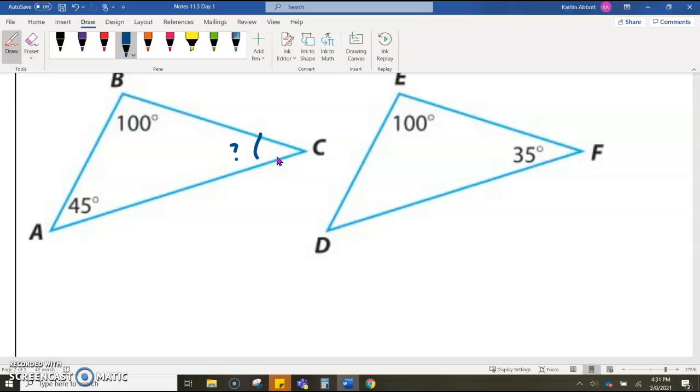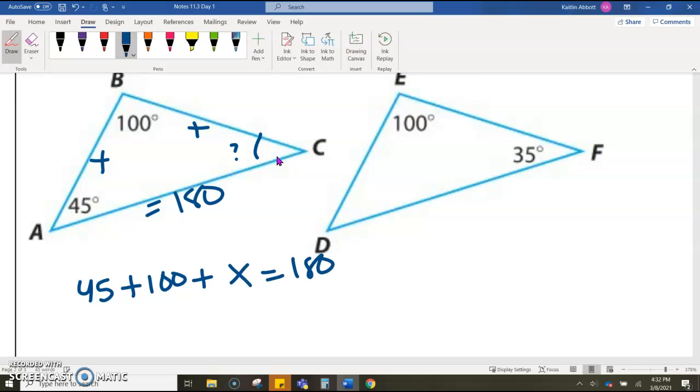So let's solve like we've been doing. We're going to use the Triangle Sum Theorem, and we're going to add all these up, and they're going to equal 180. So I have 45 plus 100 plus x, which is our mystery number in the corner, equals 180.